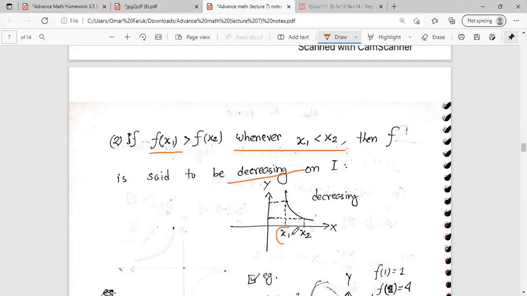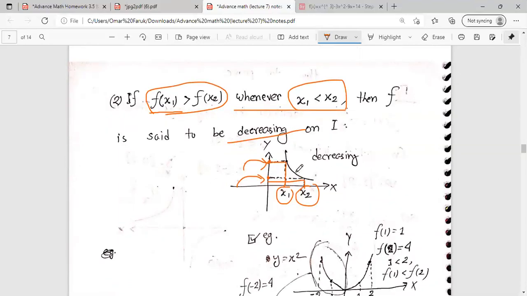You see here, x1 is less than x2, but f of x1 is greater than f of x2, right? So this function is decreasing. You see here?